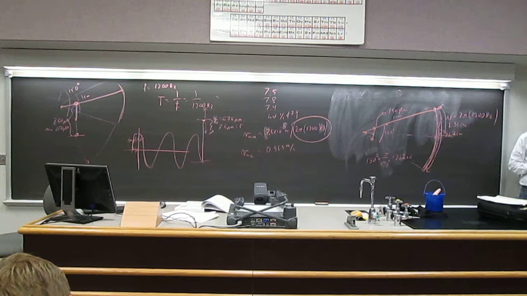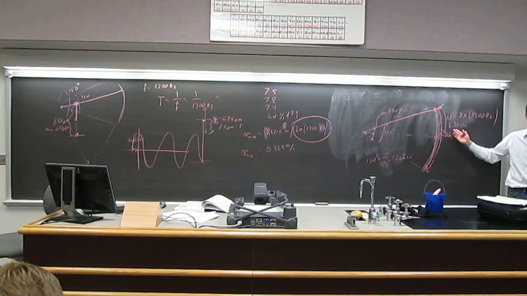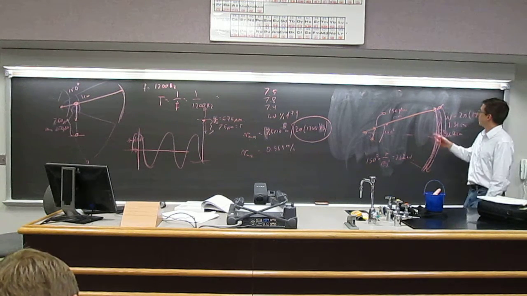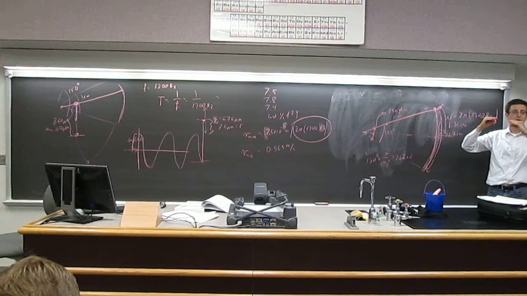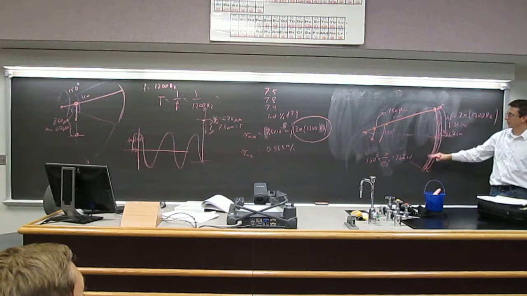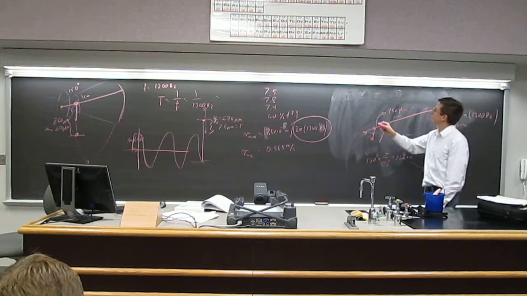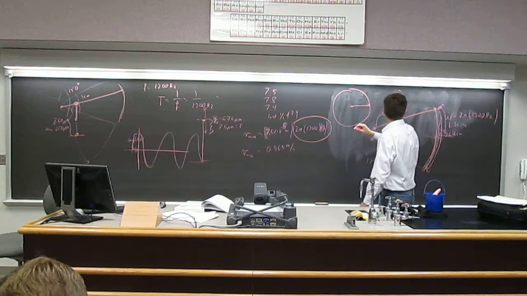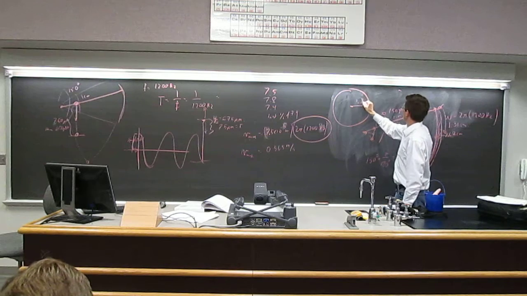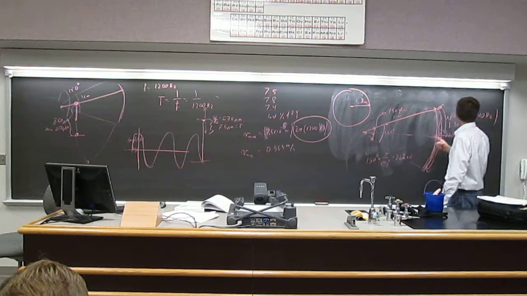So I'm going to look at the equivalent circle problem and imagine that this point here is like I'm looking at the edge of a wheel, looking along the motion. So the equivalent circle problem has a radius of 1.31 centimeters and an angular frequency equal to this.